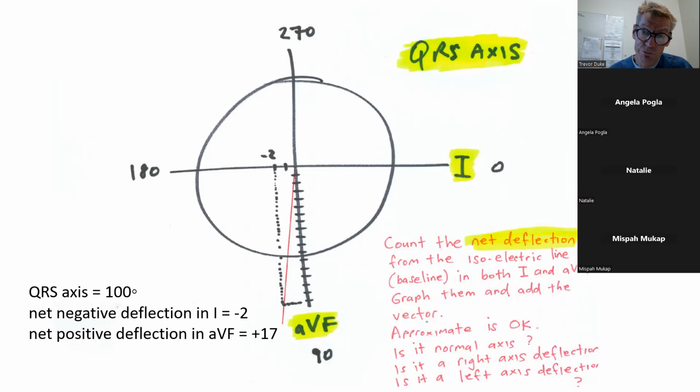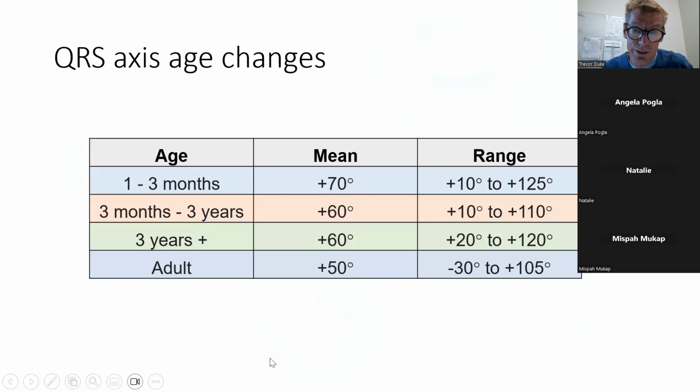So there's often a right ventricular predominance at the time of birth, and then that progressively changes quite quickly, actually, usually in the first few weeks of life. But some children can have an axis that's beyond the 90 degrees, even in the first year of life. This is the typical axis.